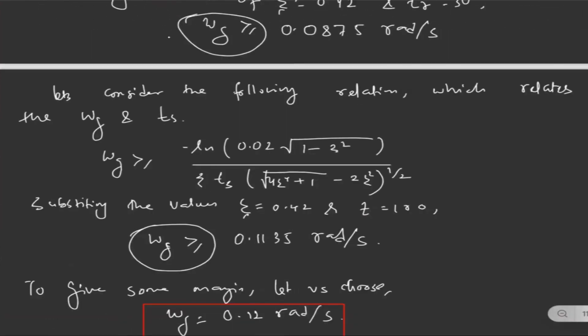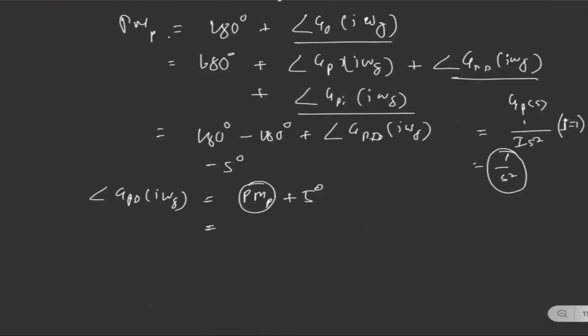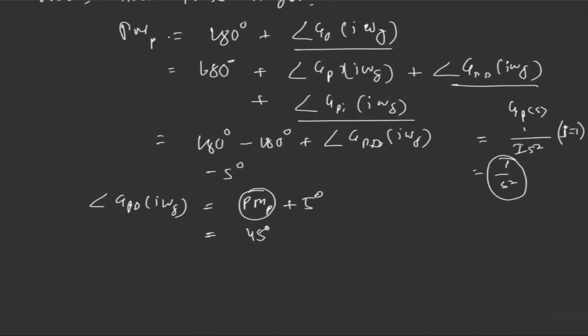So we can write 45 degrees plus 5 degrees, which is 50 degrees.